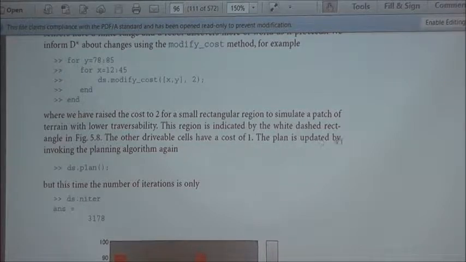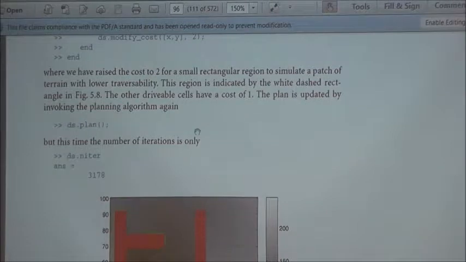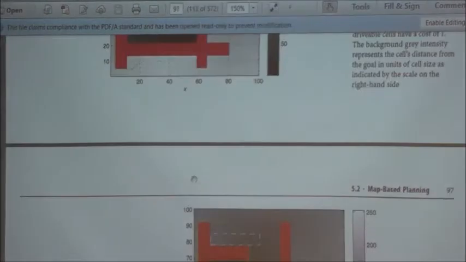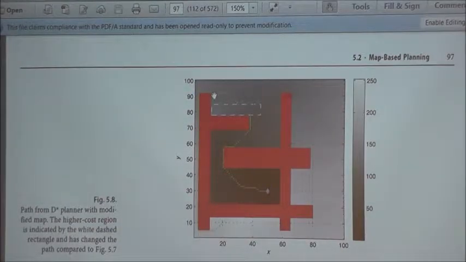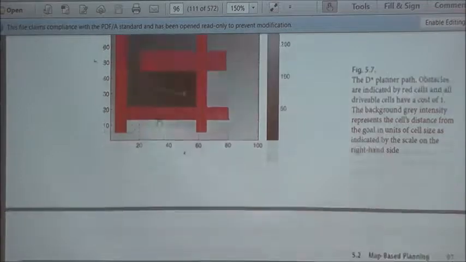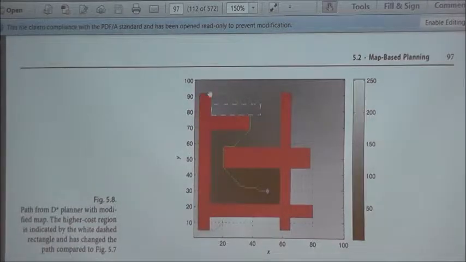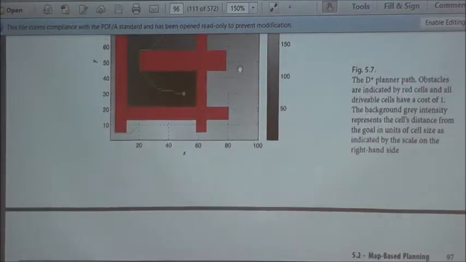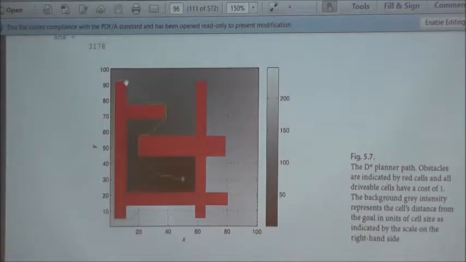The path is updated by invoking the planning. So then, instead of going like this for the original D-star, it goes like this and like that, come down. You see the difference between the two? One is going straight down immediately.